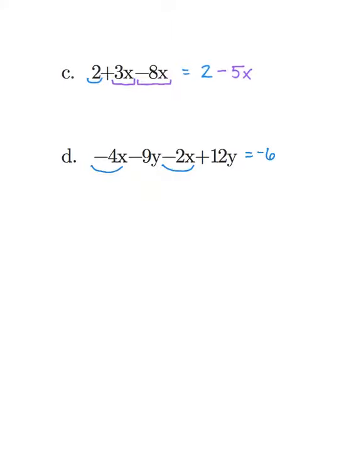We keep the negative. We keep the x. For -9y, I can combine that with 12y. Since these have different signs, we want to subtract and keep the sign of the larger number, so we get 3, and we keep the y.